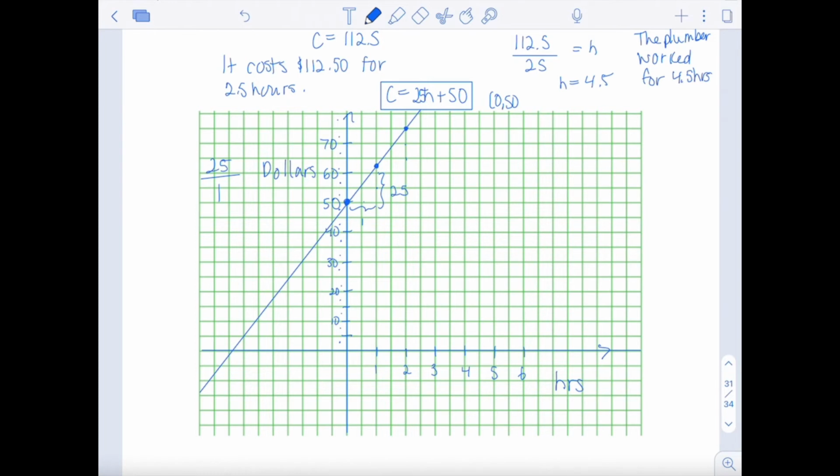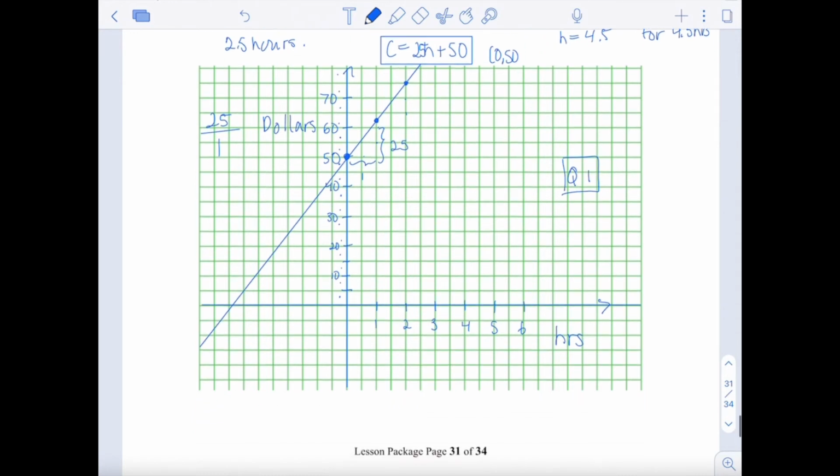Now, if you'll notice, this is quadrant 1, and in quadrant 1, both hours and dollars are positive. And if you really think about this, it doesn't make sense for either of these two quantities to be negative.